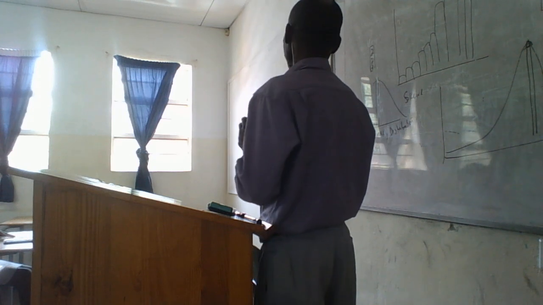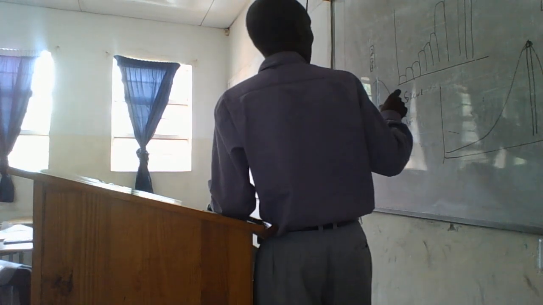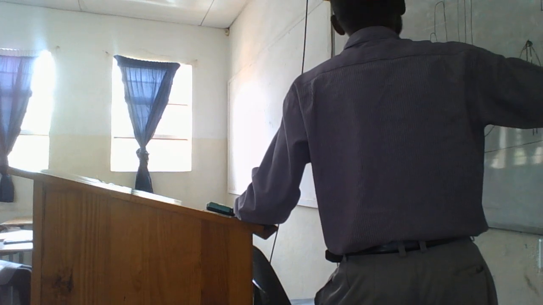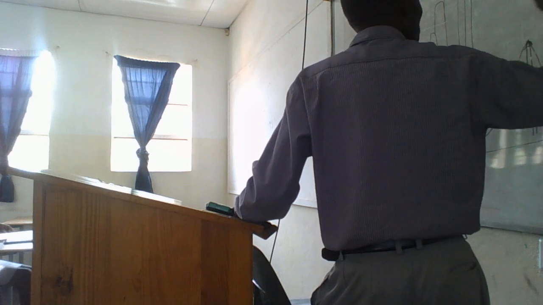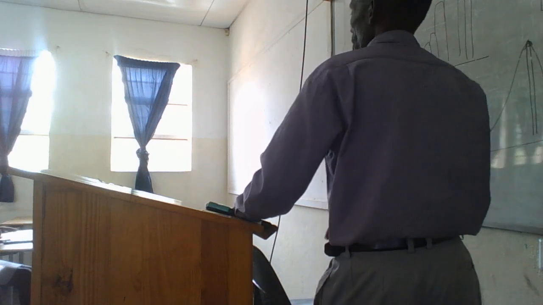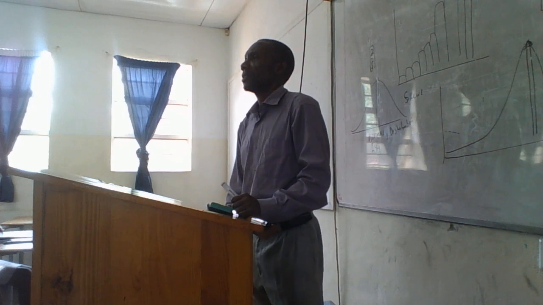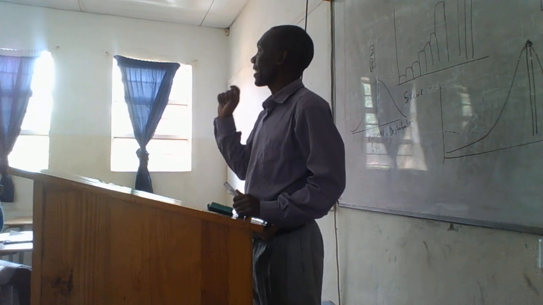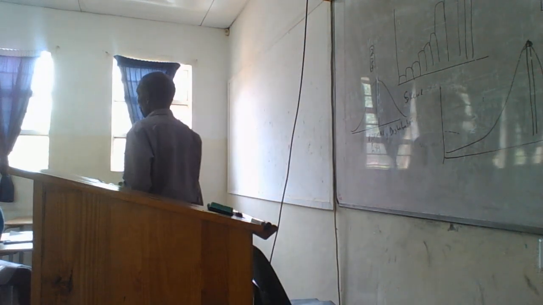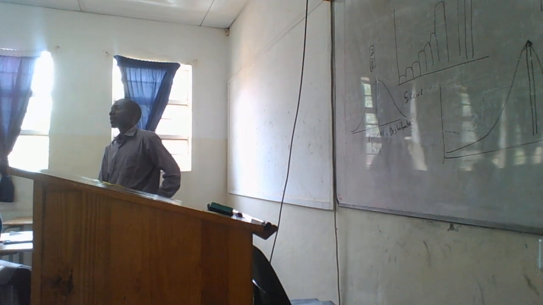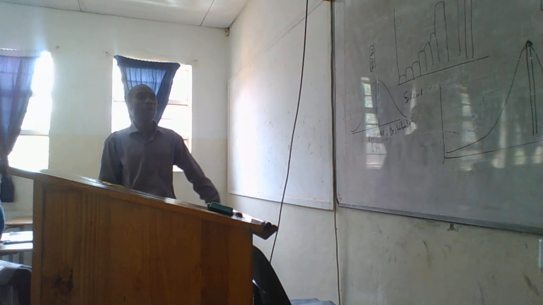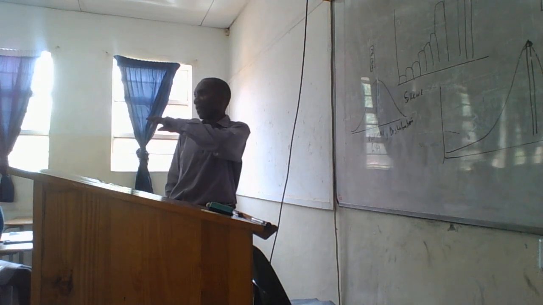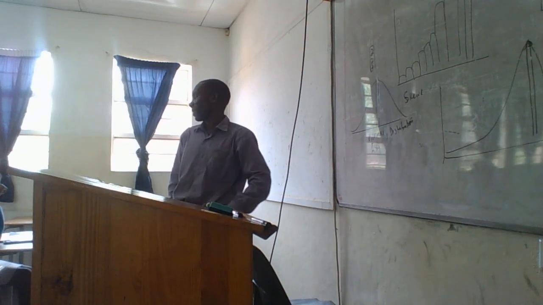But when the mean is less than the median or the mode, that is when we come up with whether it is positive skewed or negative skewed. But in a cumulative frequency graph, you cannot just come up with the frequency. You have to calculate the density to find who has done very well. When you have those graphs, they can tell you who did well and who did not do well.